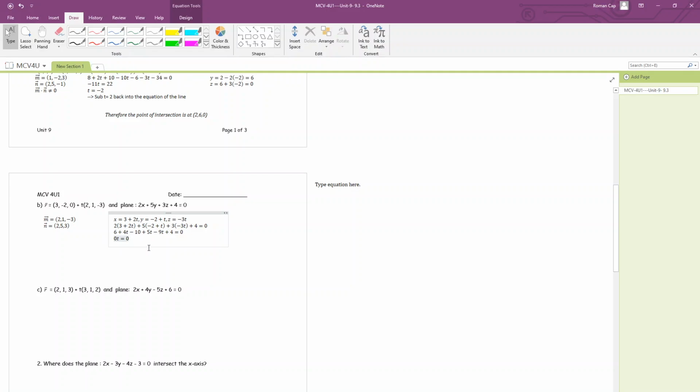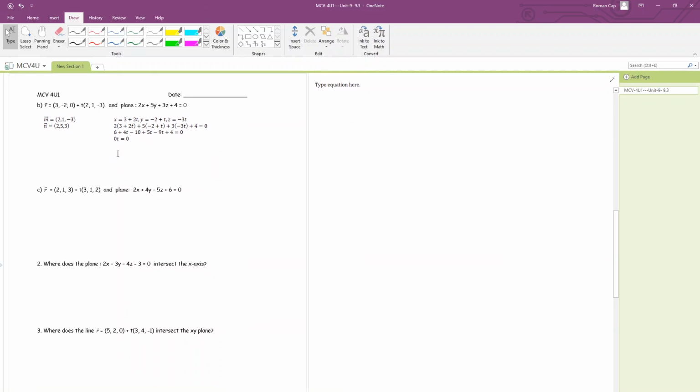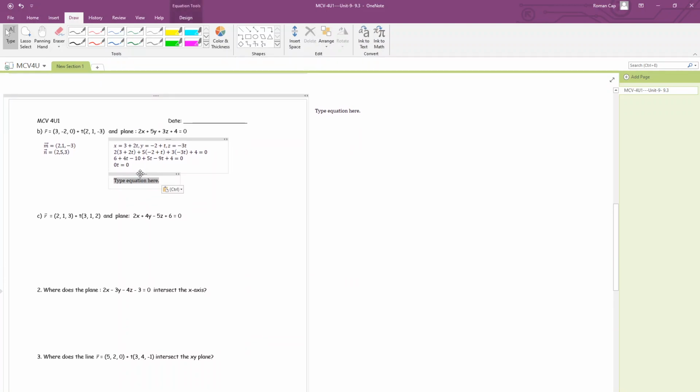So the line is parallel with the plane, so they're actually on top of each other. So here I'll write: therefore the intersection is the entire line.